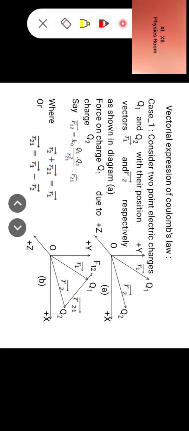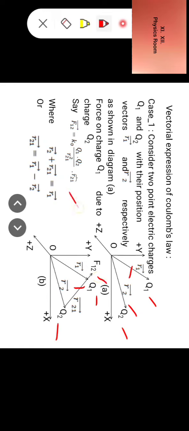Consider two point electric charges Q1 and Q2 with their position vectors R1 and R2 respectively, as shown in diagram A. The force on charge Q1 due to Q2 is, say, F12.